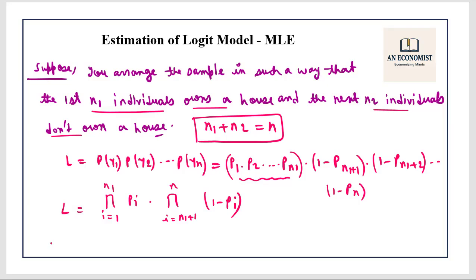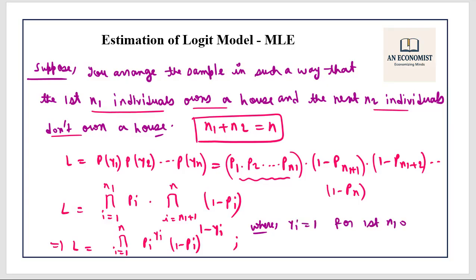And again, if you have to write it in a more compact format, you can write it this way: product over i from 1 to n of Pi to the power yi, times 1 minus Pi to the power 1 minus yi, where this yi takes the value 1 for the first n1 observations, and it takes the value 0 for the next n2 observations. So this is the way you will form the likelihood function.